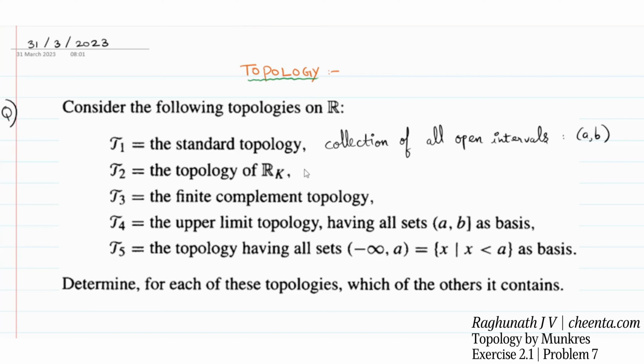And the topology of R_K. So first, defining K, it is nothing but 1/n, where n belongs to the positive integers, like 1, 1/2, 1/3 and so on.